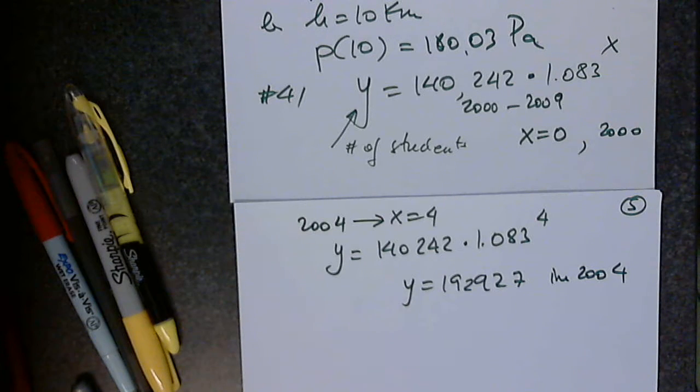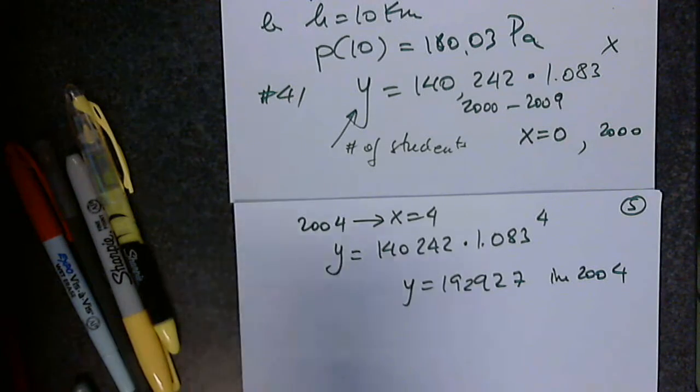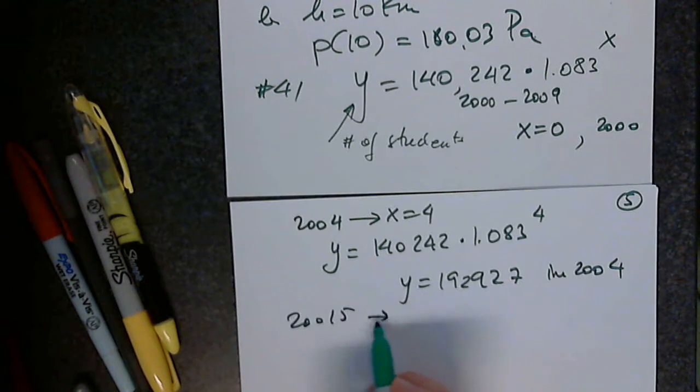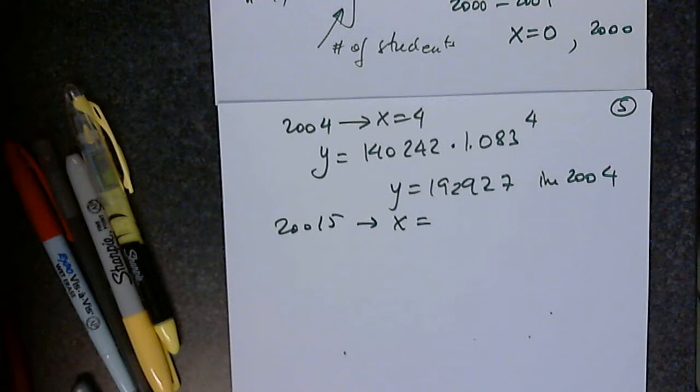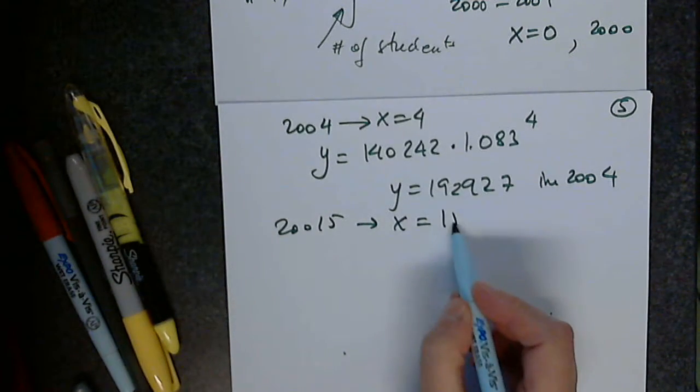Part B. Assuming this equation continues to be valid in the future, which we don't know, use the equation to predict the number of American students studying abroad in 2015. In 2015, what do I have to put? Good.